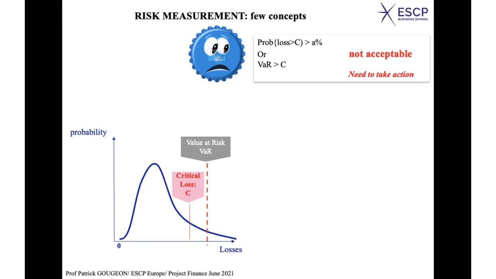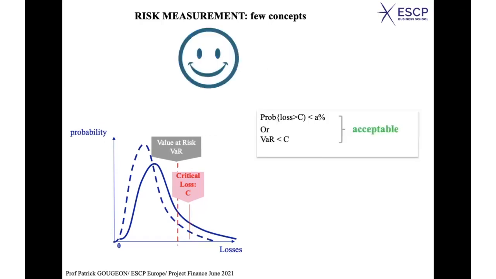For instance, taking action so that you would have a shift to the left of the distribution of losses, with a lower expected loss indeed, but also lower extreme losses. Okay? In this case, we reach a situation where the value at risk is lower than the critical loss. In other words, the probability of a critical loss is lower than alpha%, and therefore the situation is acceptable.